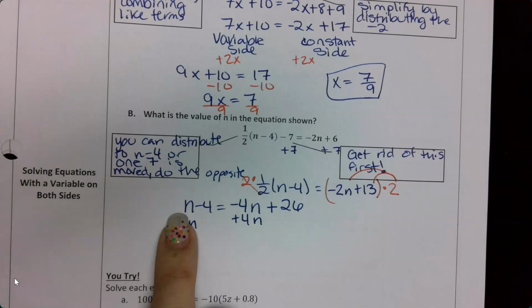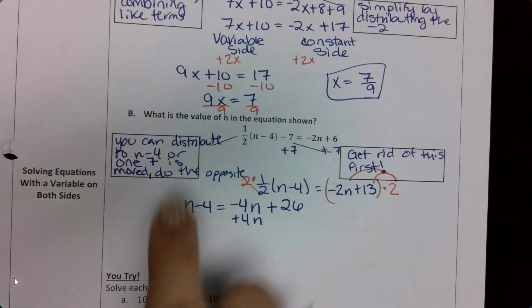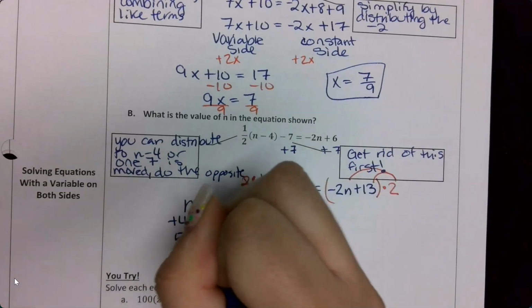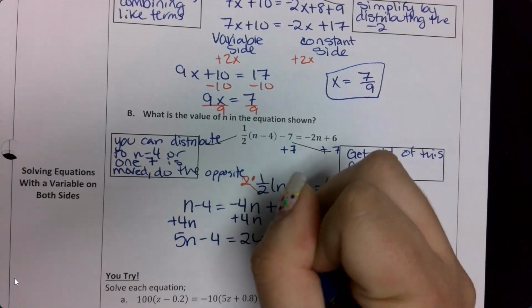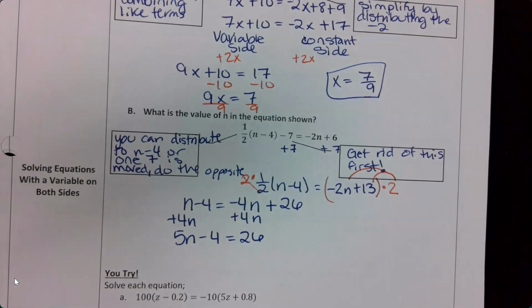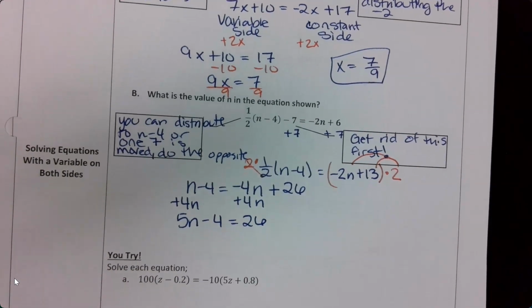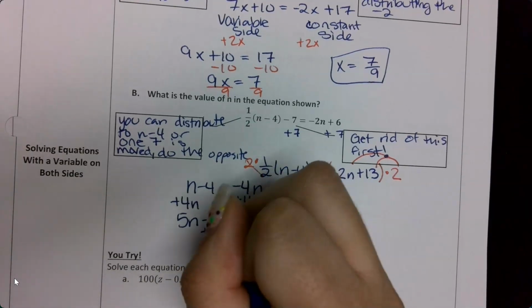Yes. Remember, this has a secret 1 out front, so 1 plus 4 is 5n. 5n plus 4 equals 26. So 5n equals 30.